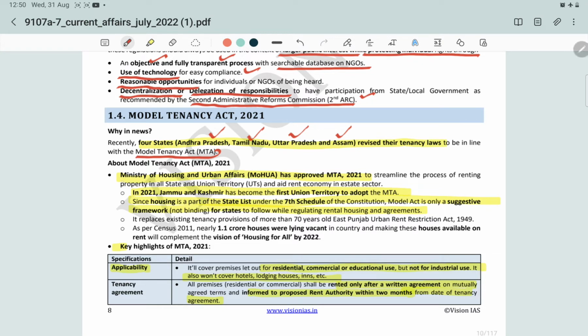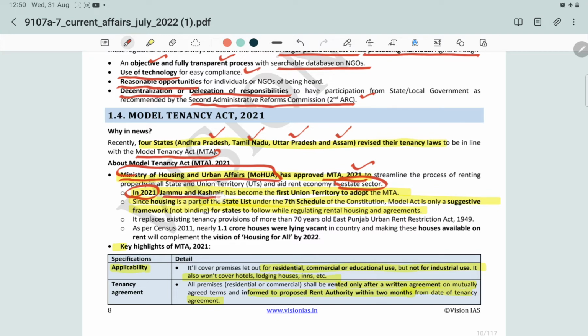The Ministry of Housing and Urban Affairs approved the Model Tenancy Act in 2021 to streamline the process of renting property in all states and union territories and aid the rental economy in the state sector.